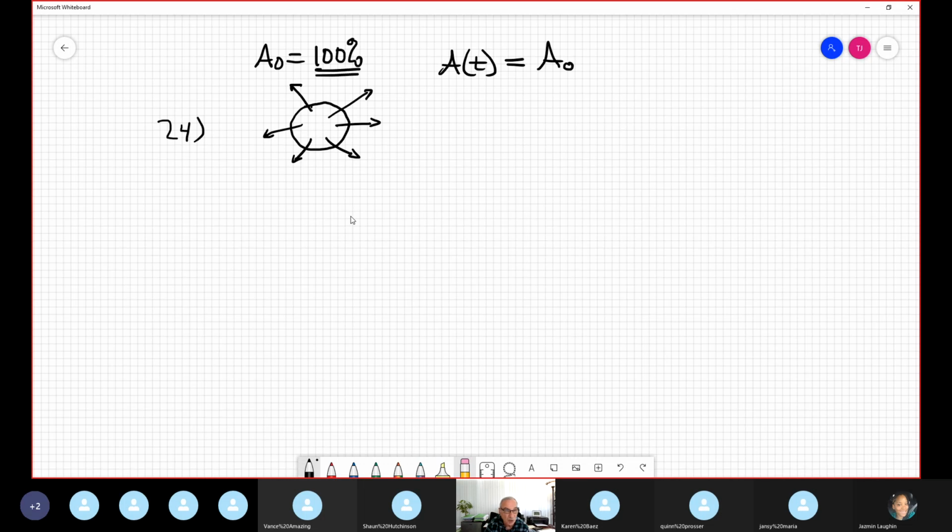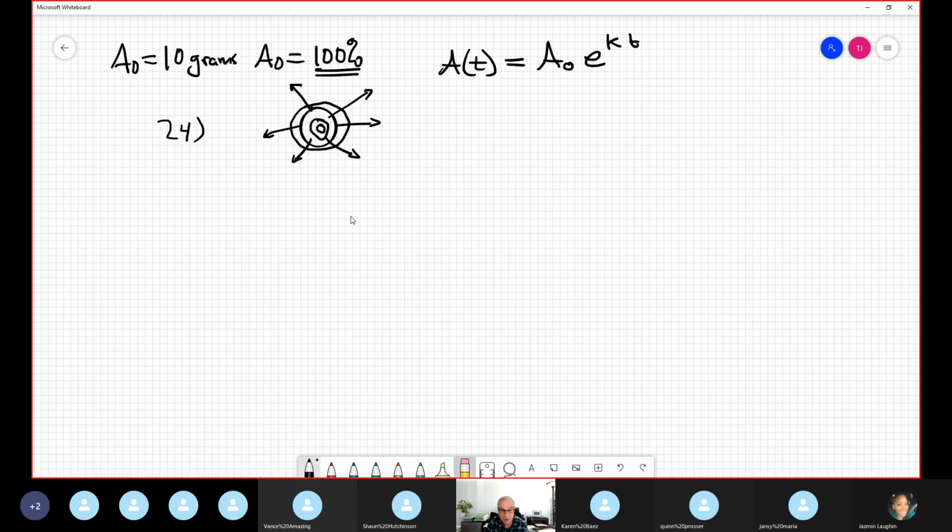Sometimes it's a percent, or we have at the beginning 10 grams of substance, but during the time the amount of substance decreases. And the mathematical law that describes this phenomenon is exponential. This is exponential decay because it's decreasing. e to the kt.